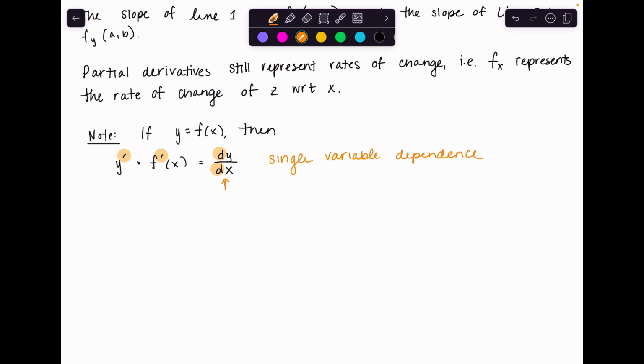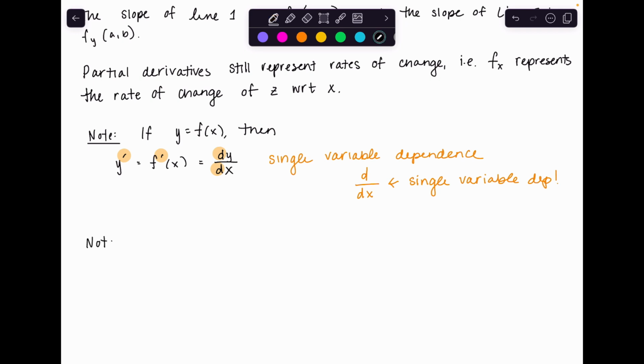This particular notation, remember, is called Leibniz notation. So instead, if I have something that has multivariable dependence, then I'm not going to use a straight d over dx, okay? This is solely single variable. So really emphasizing that is single variable dependence, okay?